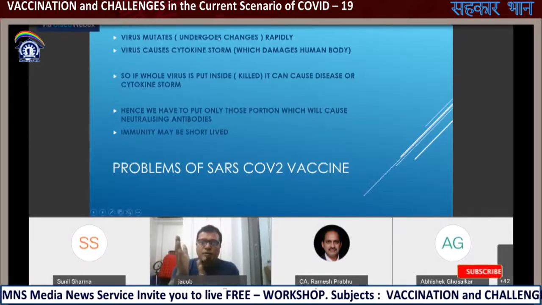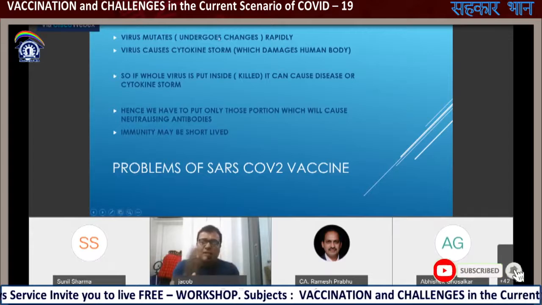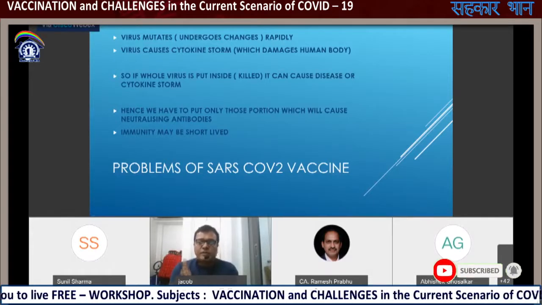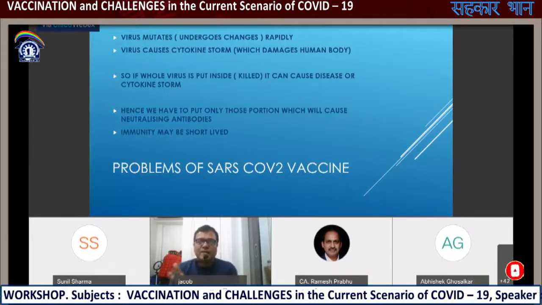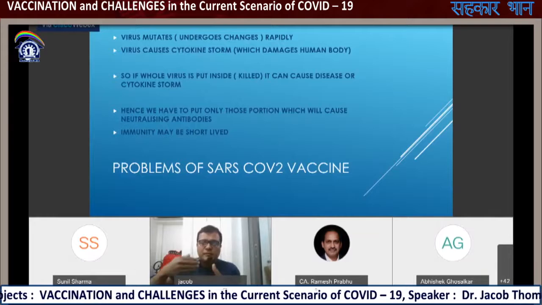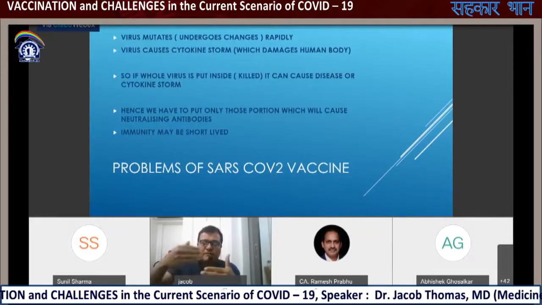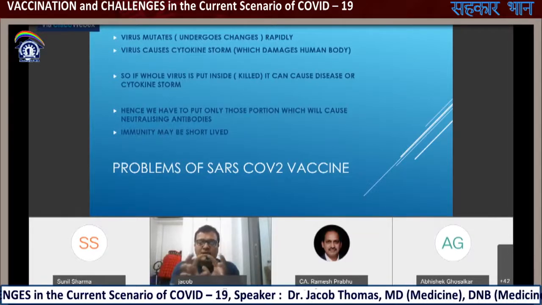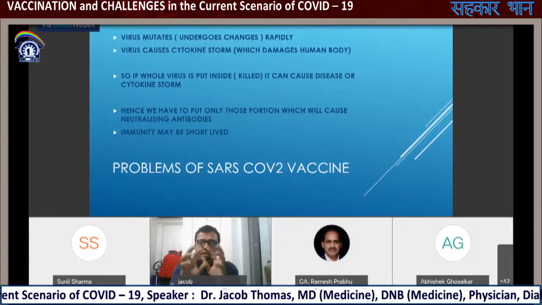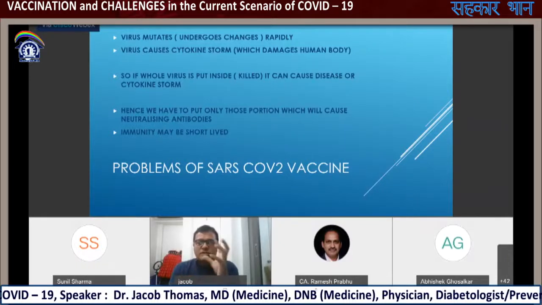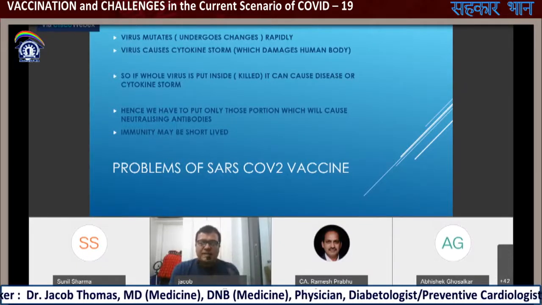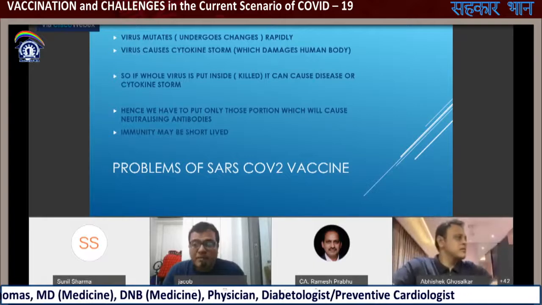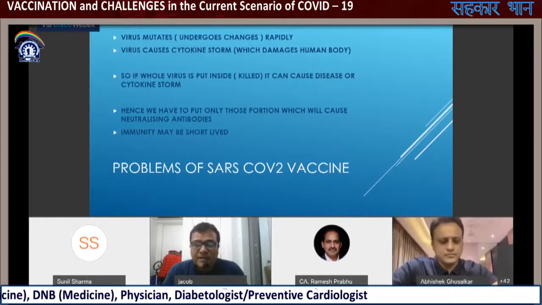As the virus goes from one body to another body, the virus also changes because the body also fights against the virus, and then it goes to the next person. With each generation of passing from one person to another, there are some structural alterations in the virus. Now, those structural alterations may weaken the virus, which is probably what happened in India initially.